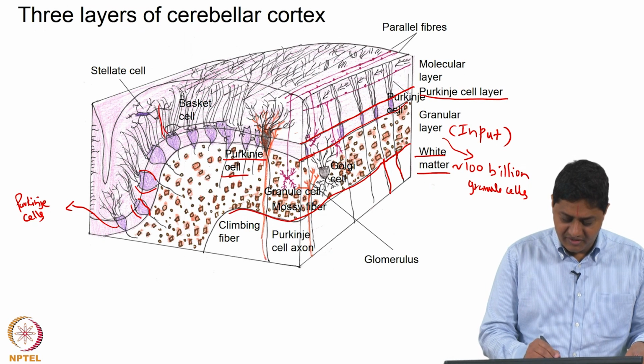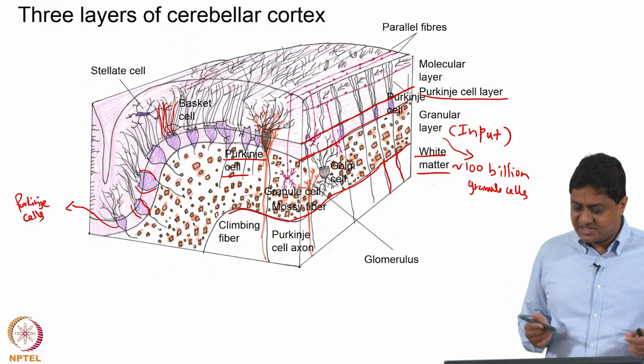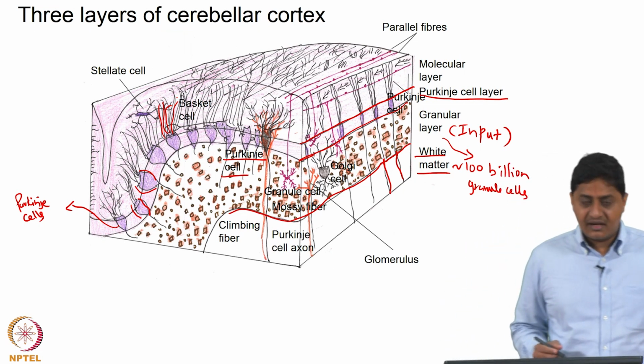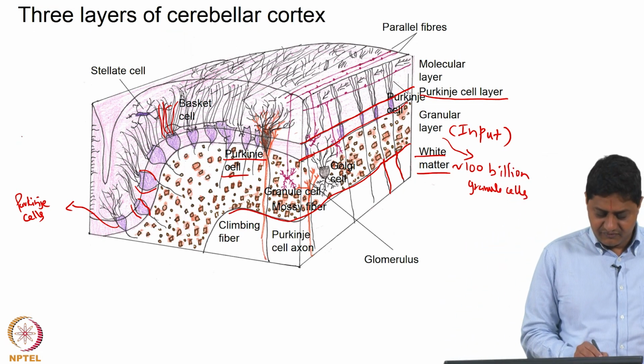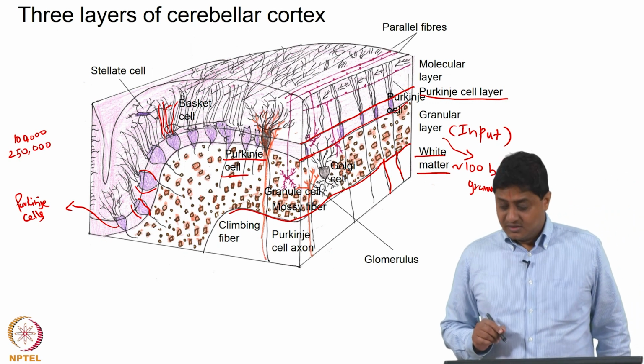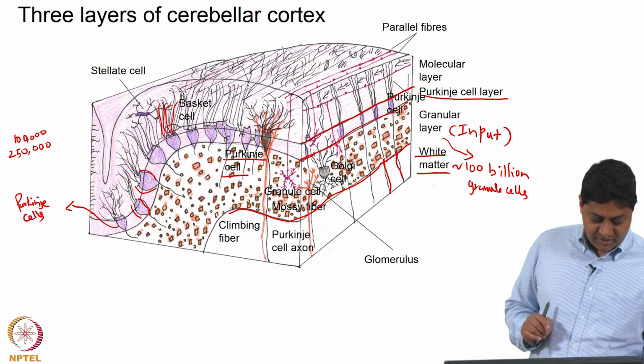Actually, they have too many dendrites to be shown in this picture. Each Purkinje cell can have anywhere from 100,000 to about 250,000 dendrites. That is a large number of dendrites.